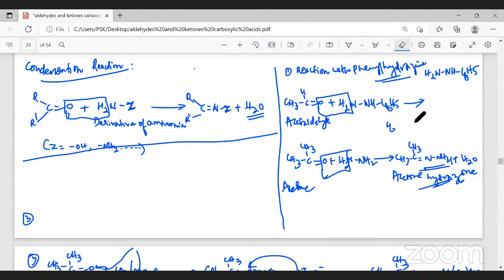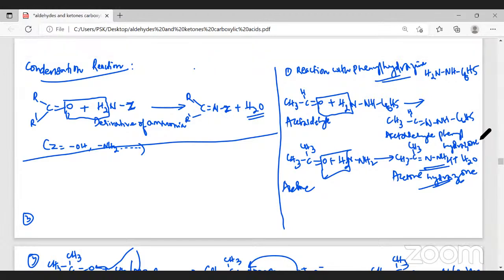CH3, CH, double bond, N, single bond, NH, and C6H5. This is called acetaldehyde phenylhydrazone. Are you following the names? How to name these molecules? Phenylhydrazone. Followed?